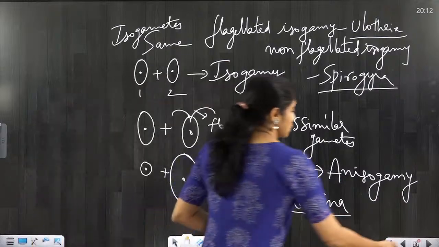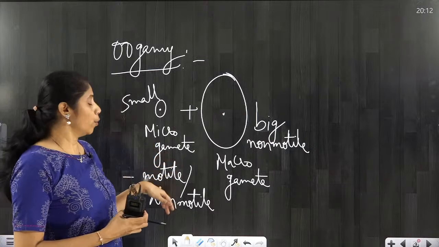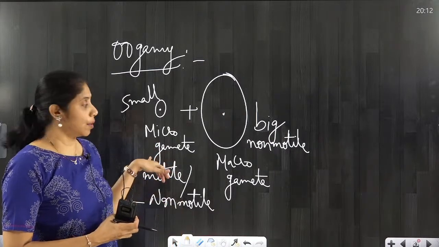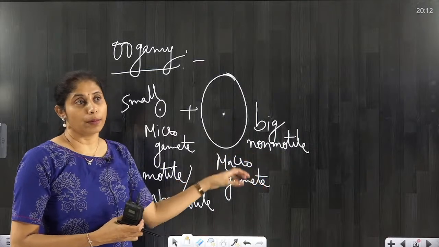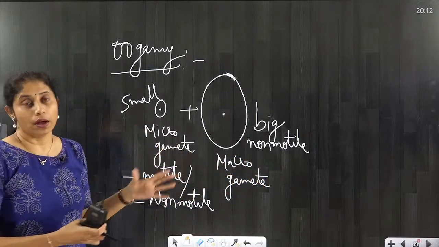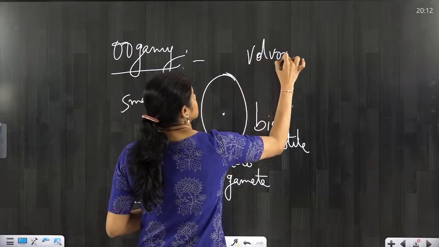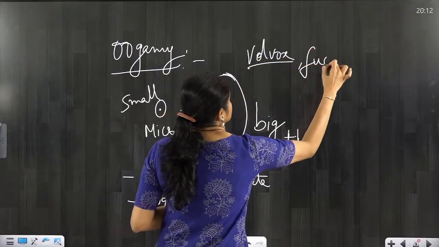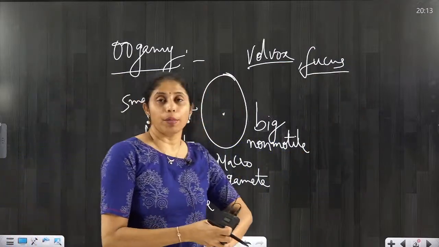And the next one, oogamy. Fusion of a small motile or non-motile male gamete with the large non-motile female gamete is called oogamy. This oogamy is seen in examples like Volvox and Fucus. In these two examples, you can see that oogamy.